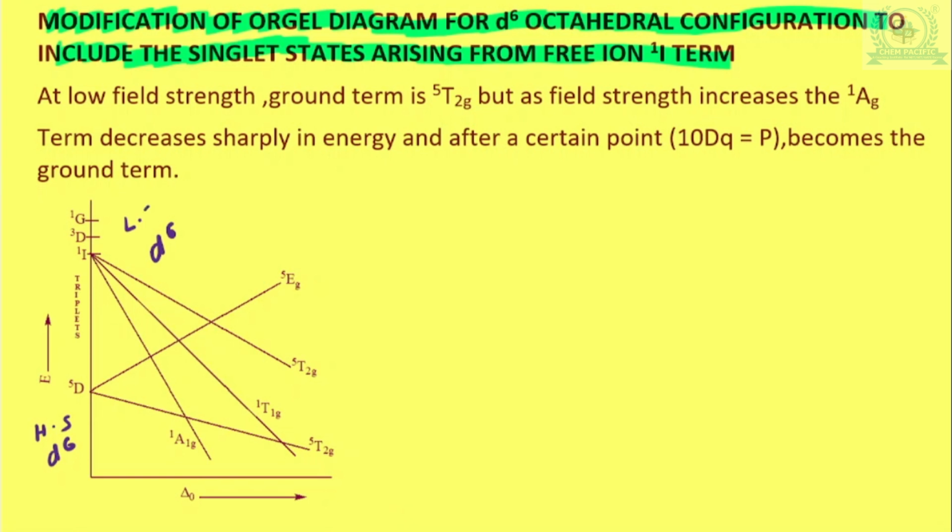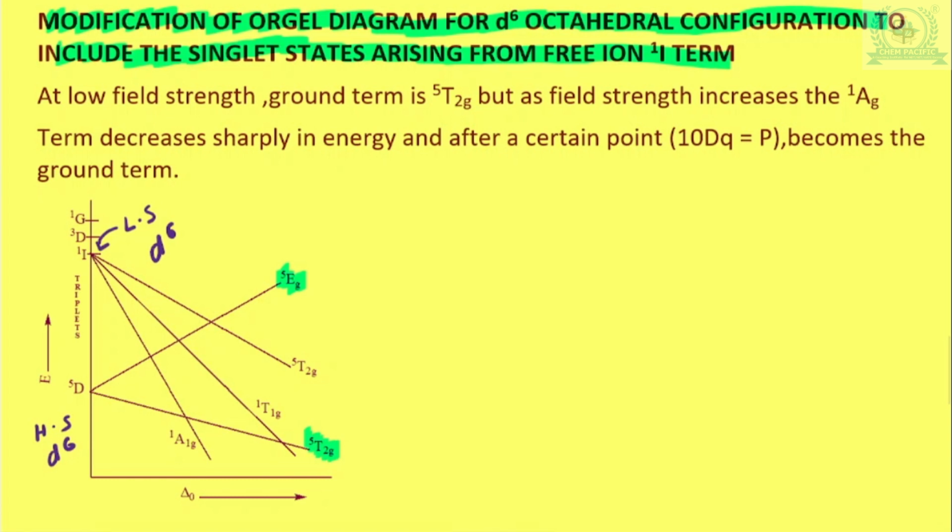This is the low spin, and it resulted in the term symbol of 1I. So it is clearly visible to you that for the high spin, it got split into 5T2g and Eg, as a result of which there is only one transition.